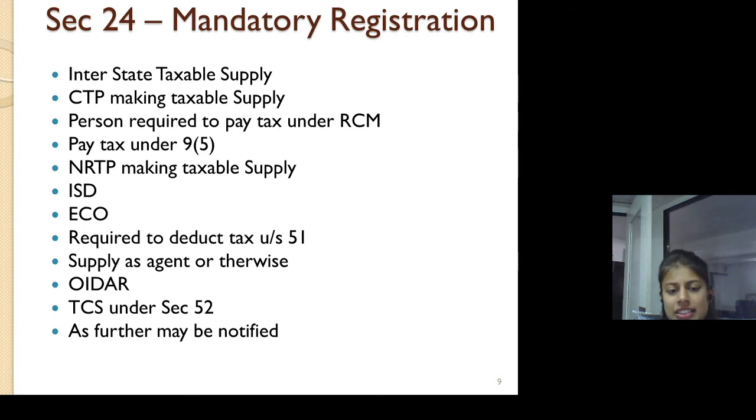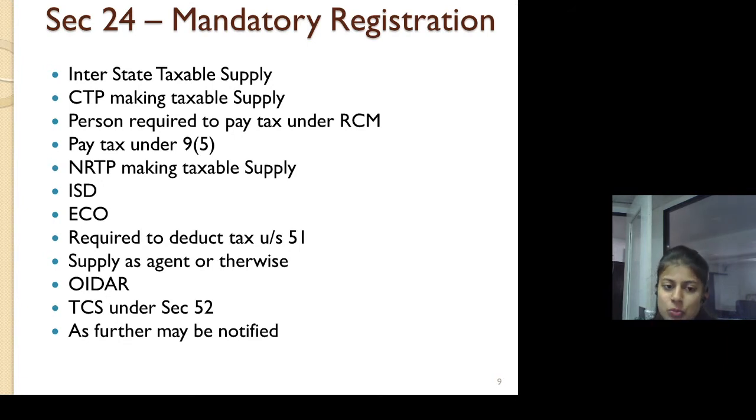Next is ISD. ISD is an input service distributor. Now what is an input service distributor? It is a kind of registration, formed because, suppose I explain this with the help of an example. For example, I have a lot of branches all over India and I am billed at one place. I am not billed at various places. However, the expenses which I am incurring are apportionable.